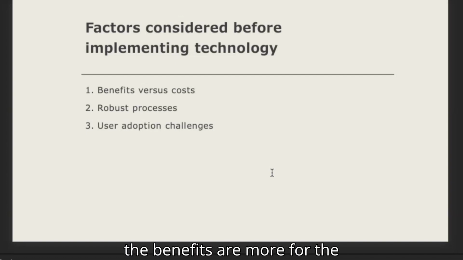If the benefits are more for the organization than the costs incurred on the new technology, then that can always be taken care of.